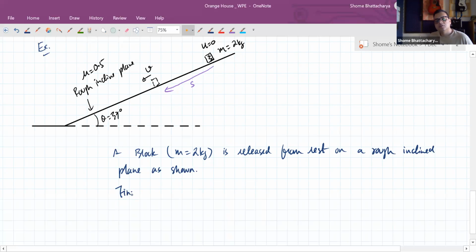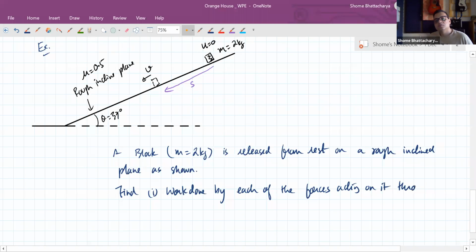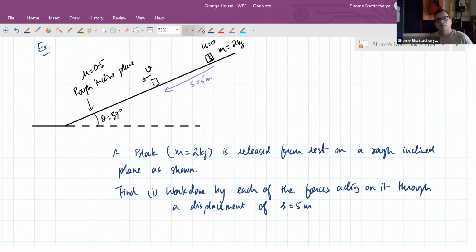So you want to find, first of all, the work done by each of the forces acting on it through a displacement of, let us say, S equal to 5 meters. So by the time it comes down by 5 meters, the displacement is 5 meters and the speed is V.